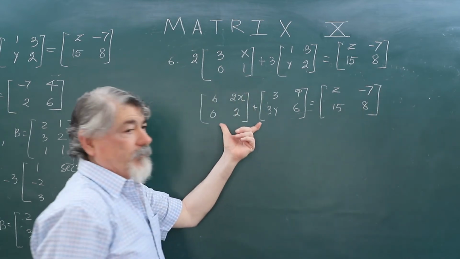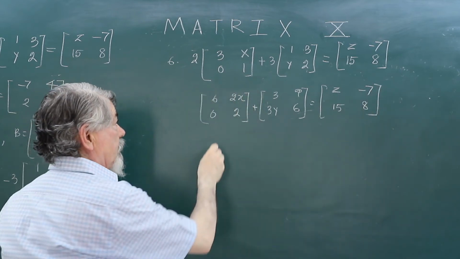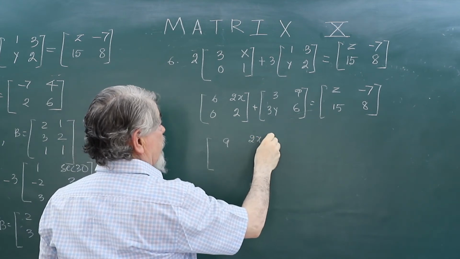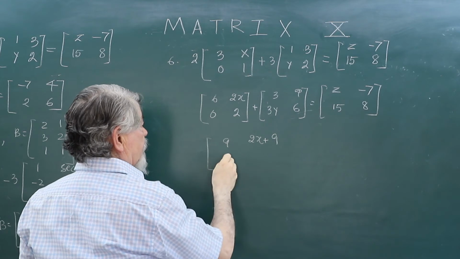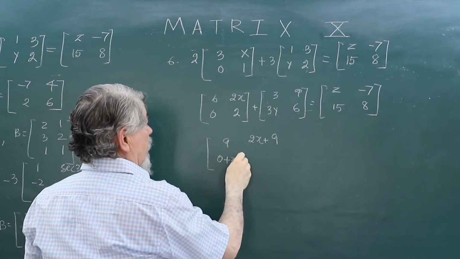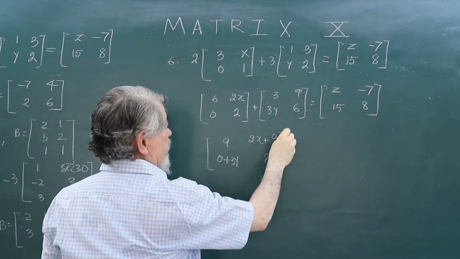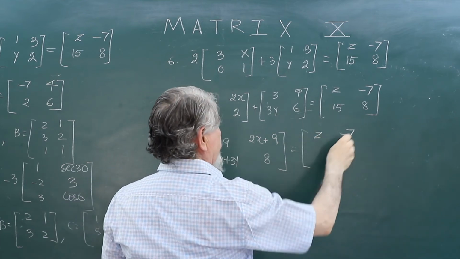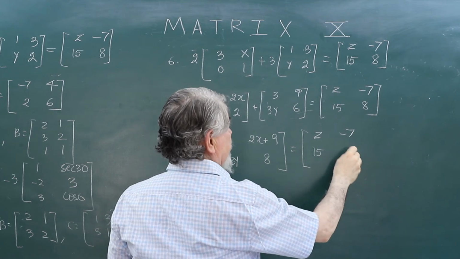Now let us add up these two matrices. It will become 6 plus 3 is 9, 2x plus 9, 0 plus 3y, and 2 plus 6 is 8, equal to Z minus 7, 15 and 8.